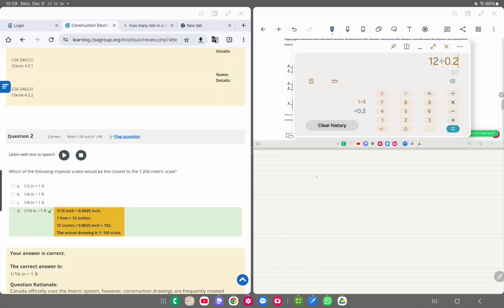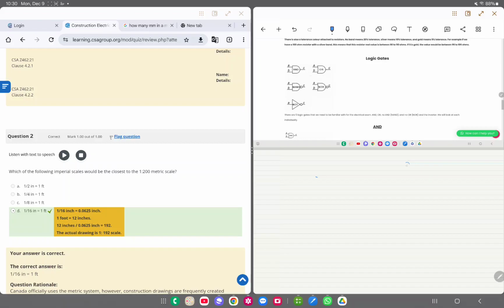So if I take out my ruler and look at our metric, 60 is most likely equivalent to 1 to 50 in the metric. Okay, so that was for a half.